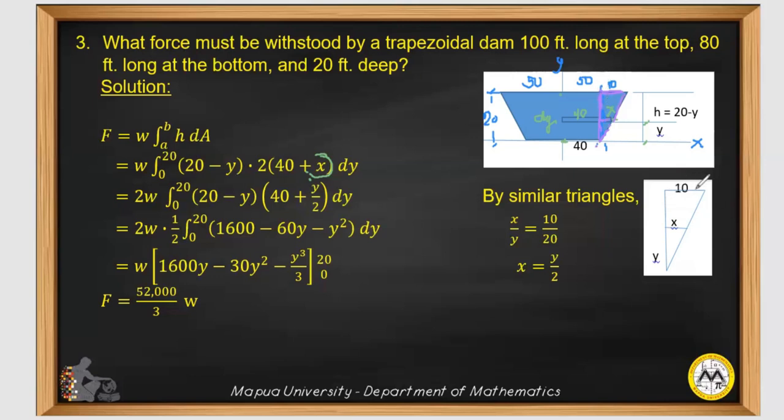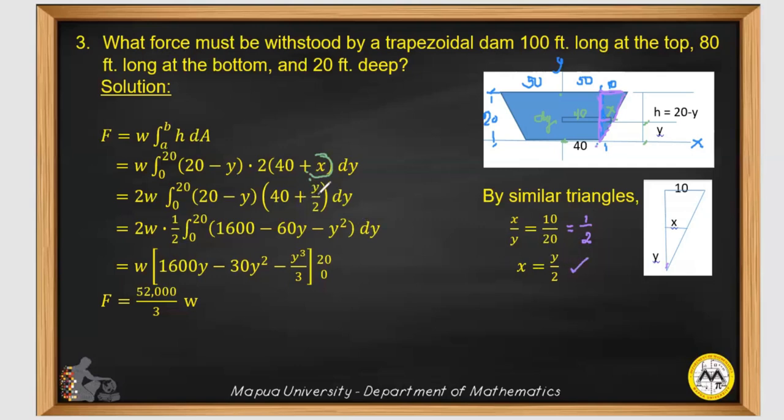So considering that portion of the rectangle here, this is 10, this is x, this is y, and the height is 20. Therefore, by ratio and proportion, the base to the height, x is to y, is equal to 10 is to 20. So we have x over y equal to 10 over 20, and 10 over 20, of course, is 1/2. Therefore, if we solve for x, then x is y over 2.